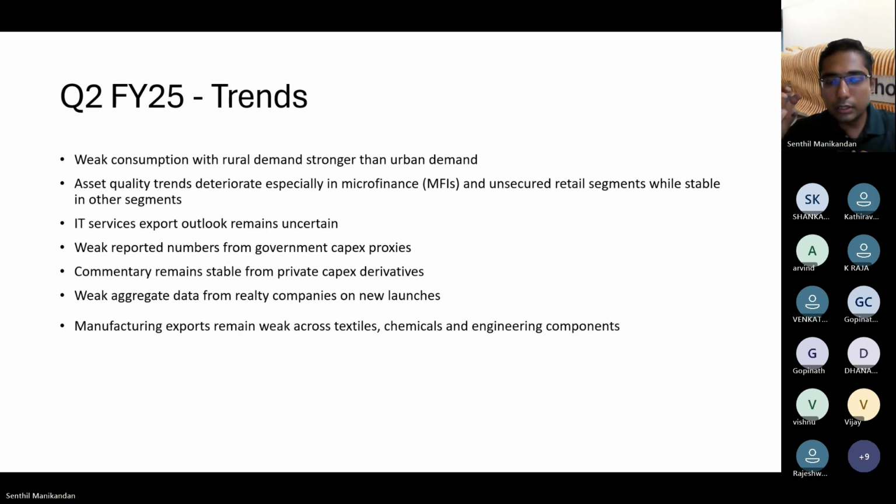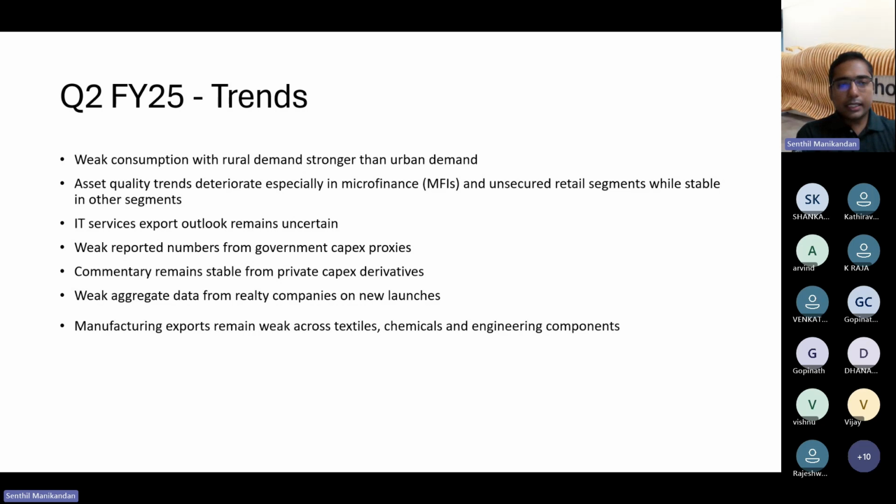So weak consumption is reflecting on the banking side, especially microfinance, where the total loan amount is usually in the range of 30 to 40,000, lent to people at the bottom of the income pyramid.